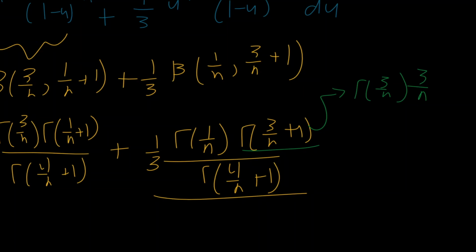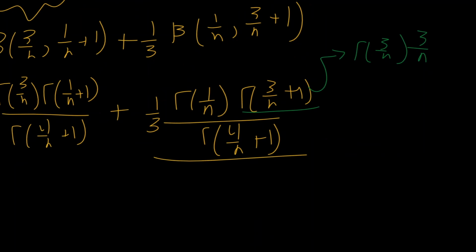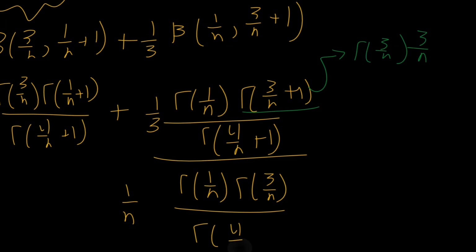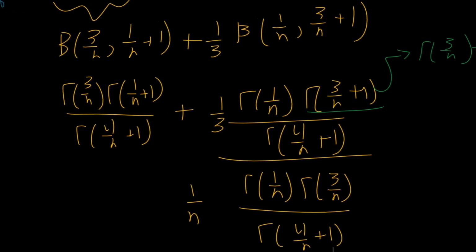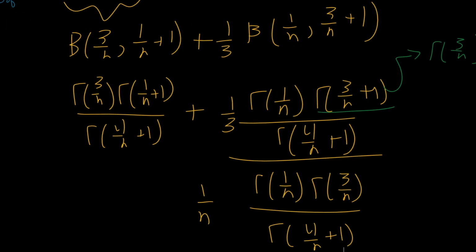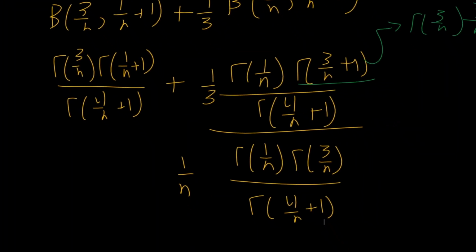Whenever we apply that, sub it in, we have this right here, and then a 3 over n out front, but notice that we have a 3 in the denominator, so those are going to cancel, leaving us with just 1 over n, over gamma of 4 over n plus 1. But we have a 1 over n being multiplied by gamma of 1 over n, so we can simplify that by properties of the gamma function again. So this right here can just be gamma of 1 over n plus 1.